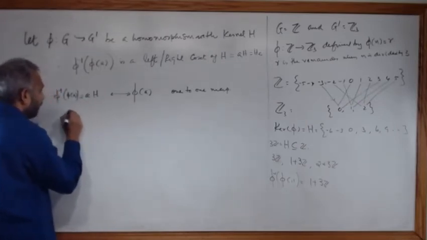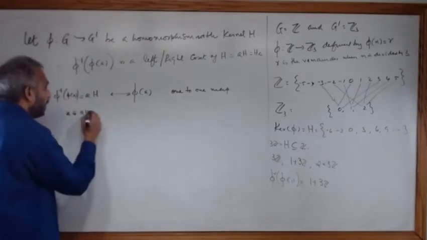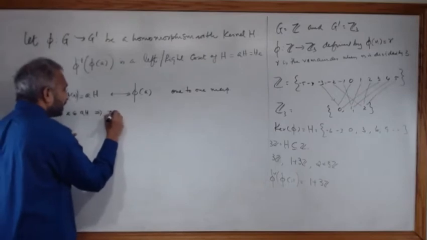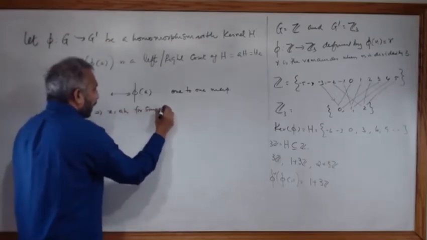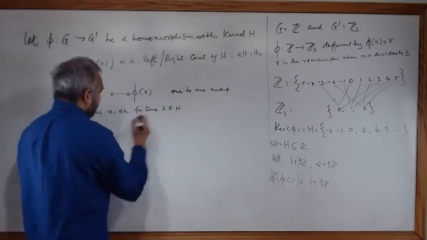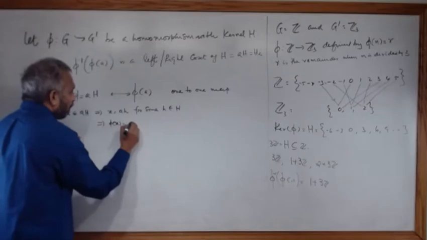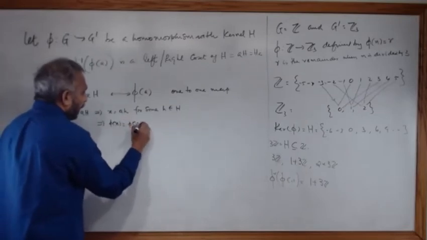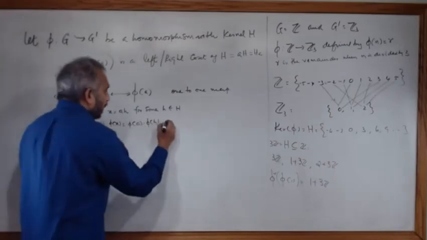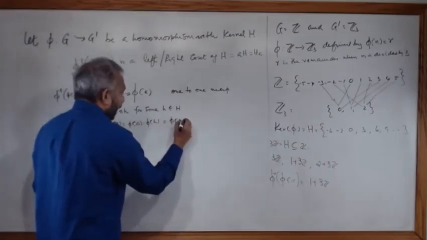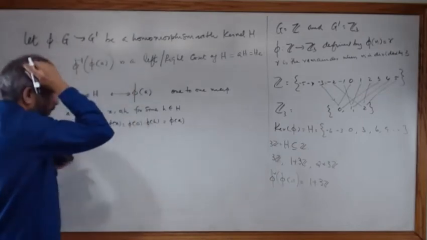For example, if you take x belongs to aH, that implies x equals ah for some h in H, and that implies phi of x equals phi of a times phi of h, because phi is a homomorphism, and that is equal to phi of a, because phi of h is equal to the identity of G prime.